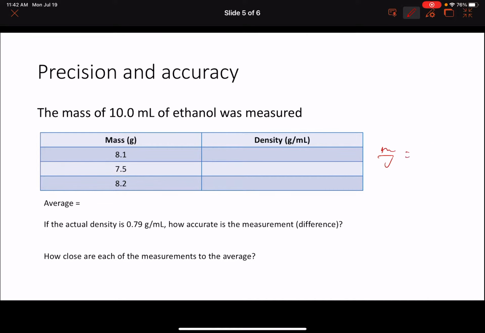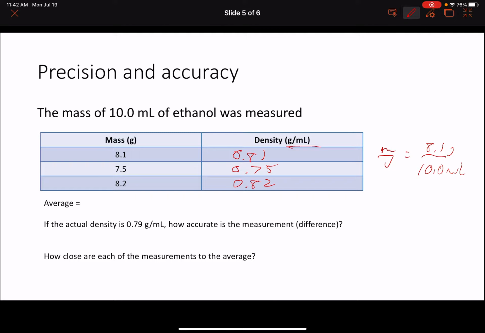For one of them it would be 8.1 divided by 10 milliliters. We don't have to do any unit conversion because everything is already in grams and milliliters. We're left with 0.81 for the first one for our density. It's already got the units up here in the column. Then this one would be 0.75, and this one is 0.82.